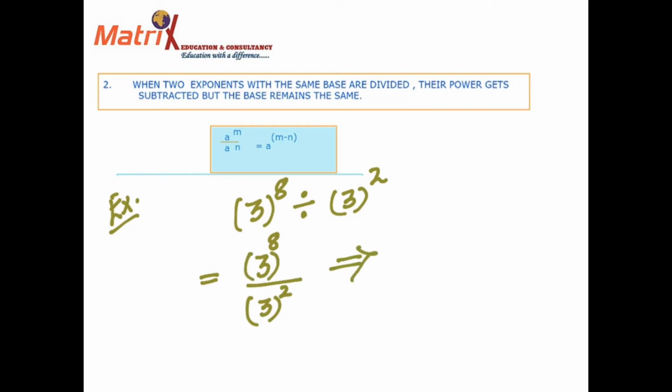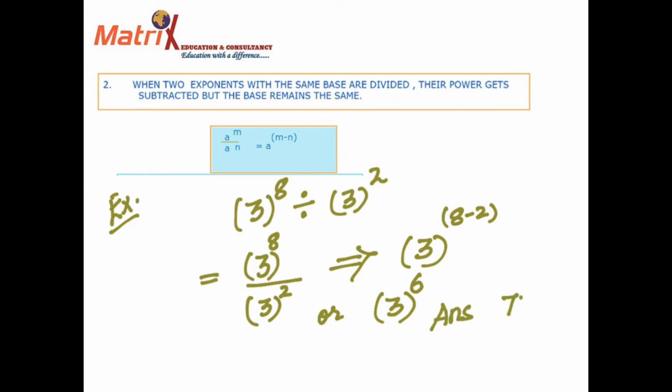Now this can be rewritten as 3 raised to the power of 8 minus 2, or I can write 3 raised to the power of 6, and 3 raised to the power of 6 is nothing but 729, and our answer is 729.